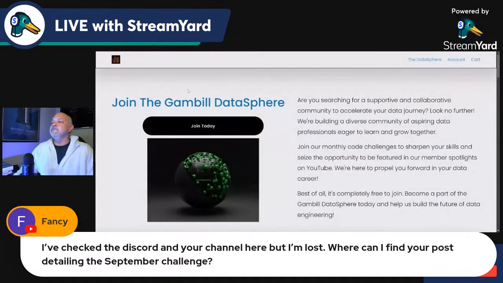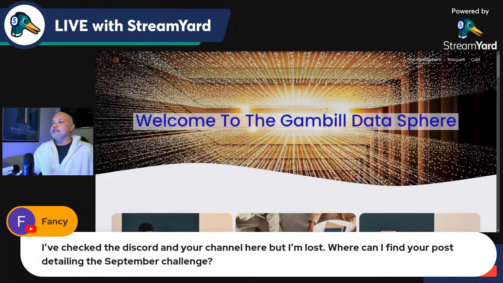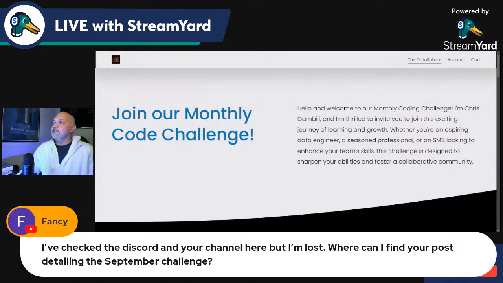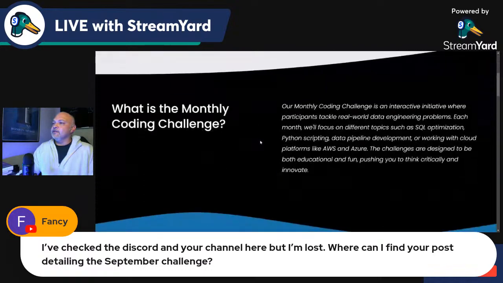Okay. So if you go to the Gamble Data Sphere, if you go to dataengineering.com, and haha, that's a good question, I'll get to this one too. And you go to join today. If you've already joined, it'll take me right into the Gamble Data Sphere. This is kind of hard to see, but if you hover over at the top right here and go to Gamble Data Sphere, you'll see monthly code challenges, and it'll say join our monthly code challenge.